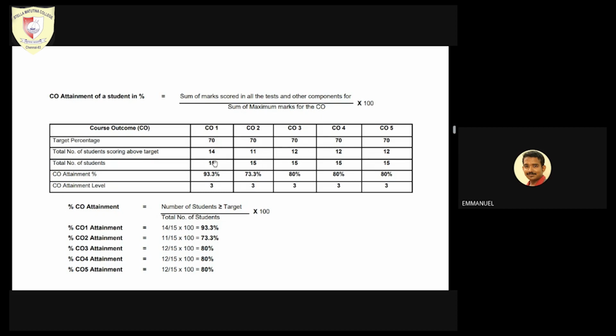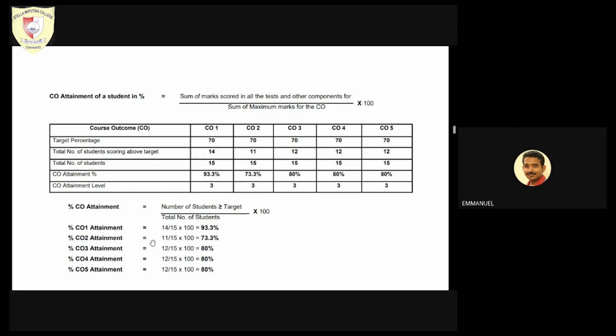So, keeping all the things in mind, we need to fix the threshold. If we keep the same percentage as threshold every year, again a question will arise: why are you doing the same thing? Why are you not increasing the threshold? Of course we are marching towards some excellence, of course we have to show some progress. So in fixing the threshold also, there should be some progress. Keeping all those things in mind, we have to fix the cutoff value.